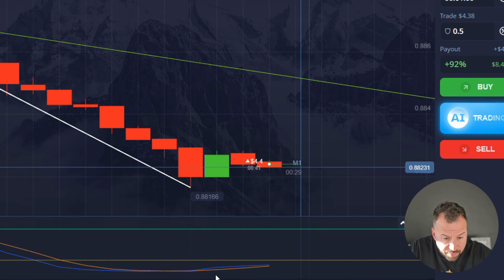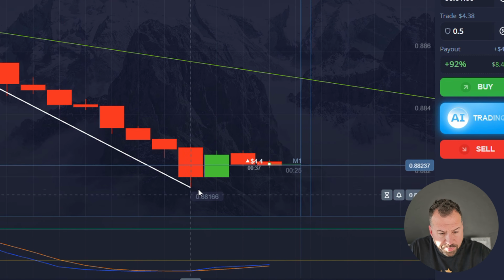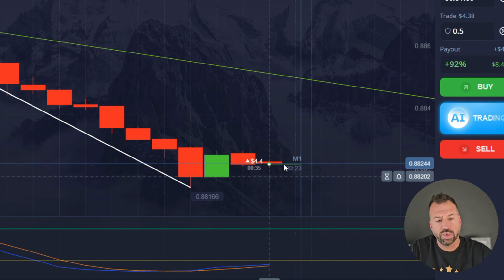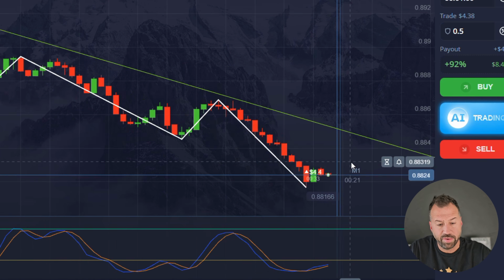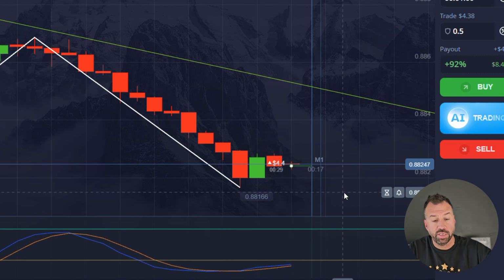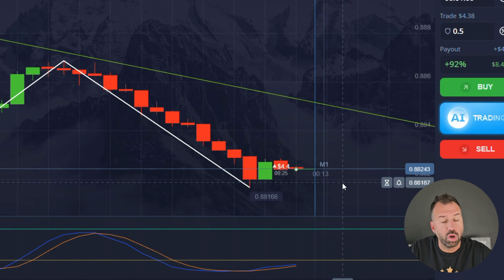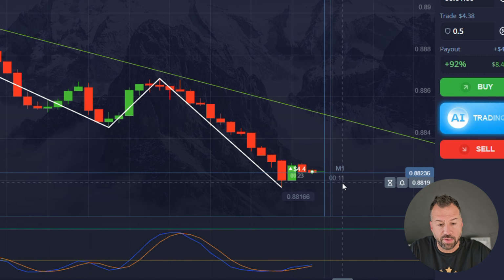We do have a split in the blue and the red from over here, but again, this could turn around and make its way back down, and then that blue will go back over the red in the other direction, which is highly possible. That's why you want to really make sure you get your confirmations correct.